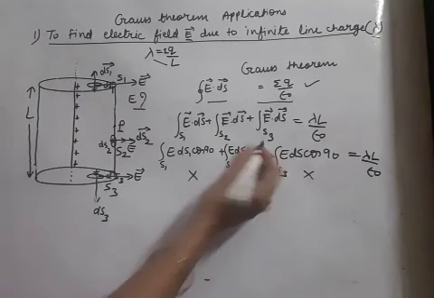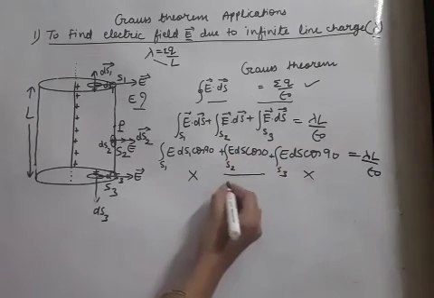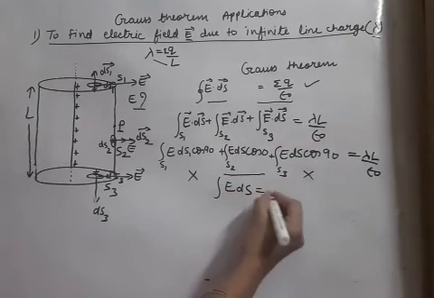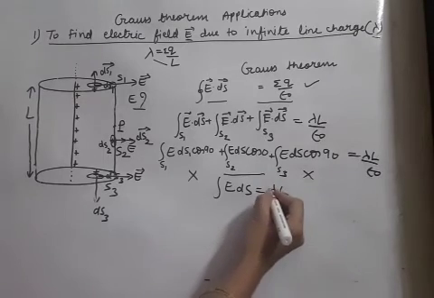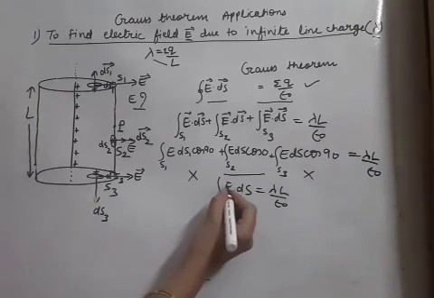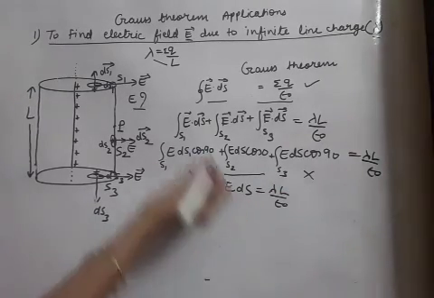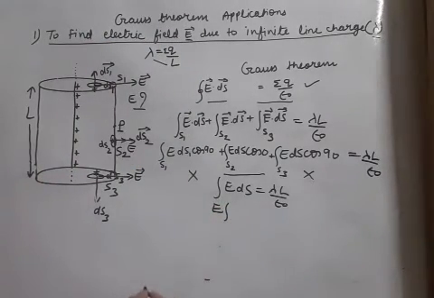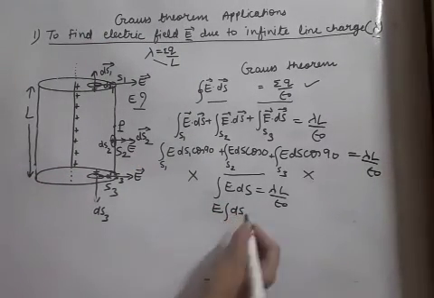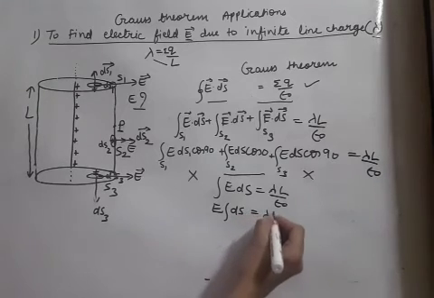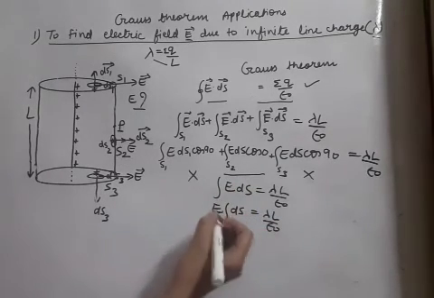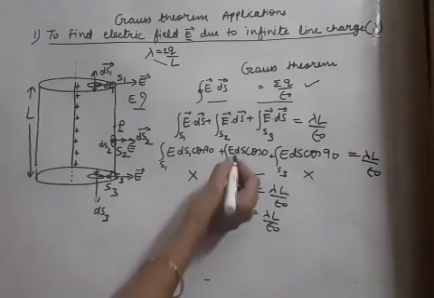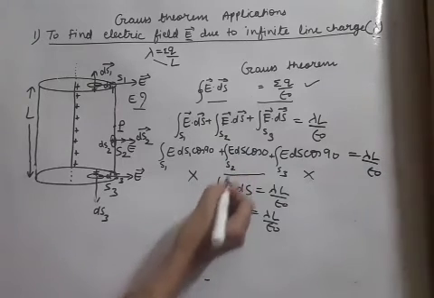Cos 0 becomes 1, so this is also removed. Then we have to find the electric field. To find the electric field, we have to bring it outside the integration. Now we have to solve this integration. This integration was for which surface? S2.